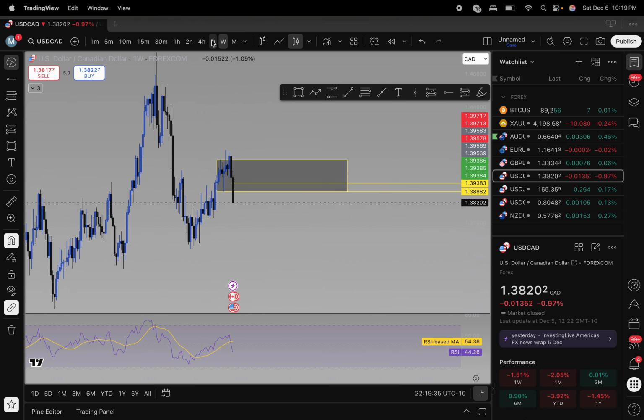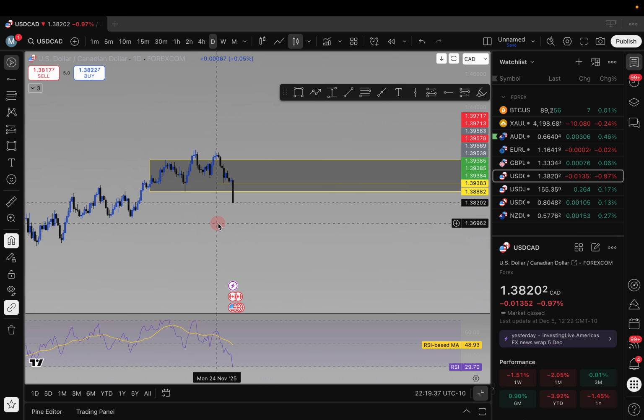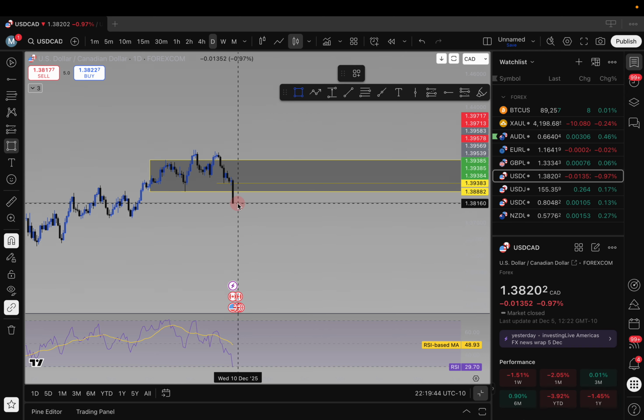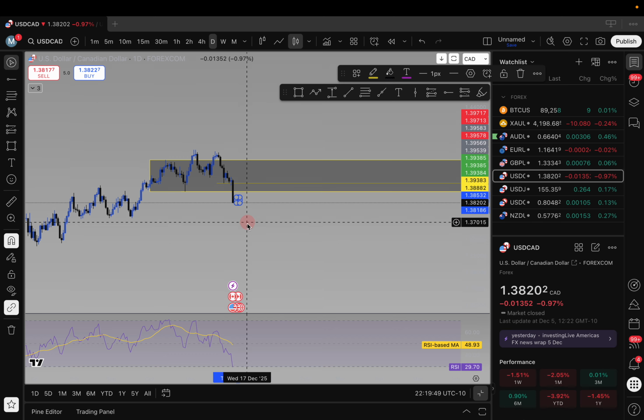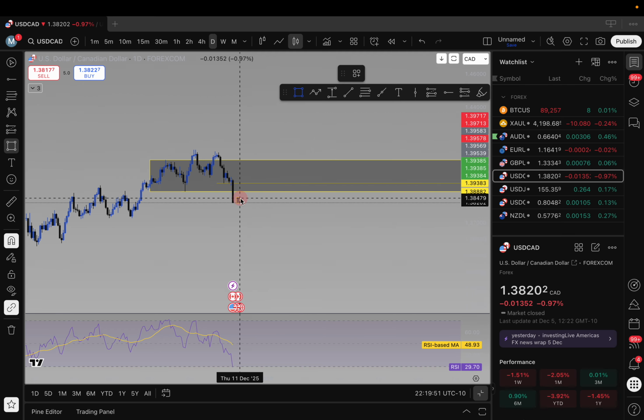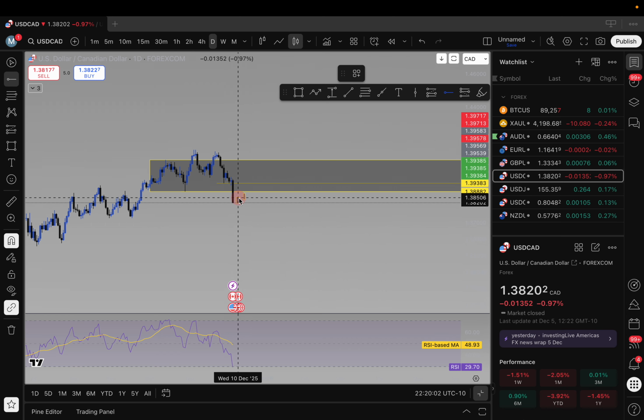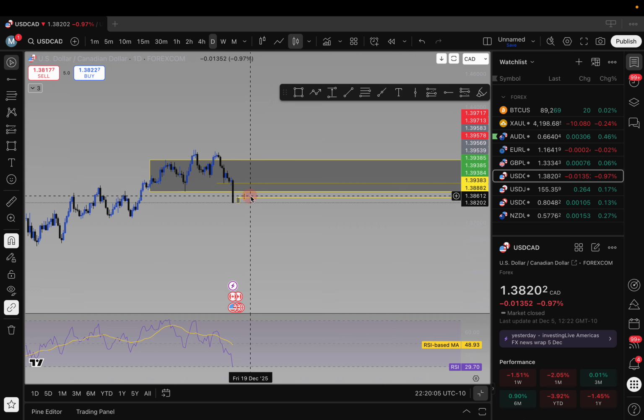So yeah, maybe on the daily as well. We wait until like Wednesday, right, to make something like this, and then go like this and trace back down on this POI right here, and then we trade, right?